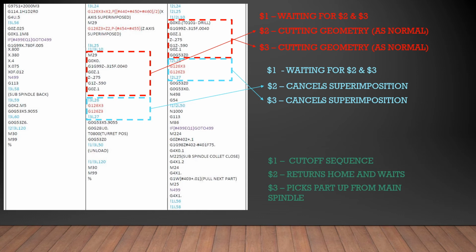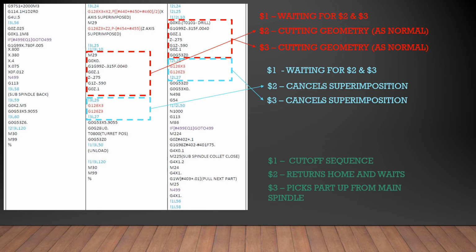As it's drilling in the main spindle, the drill that's mounted on the opposite side, the subspindle, is moving up and going at 4 thousandths per rev, but it's following not only the Z-axis movement on the main, but it is independently drilling that Z minus 315 depth.